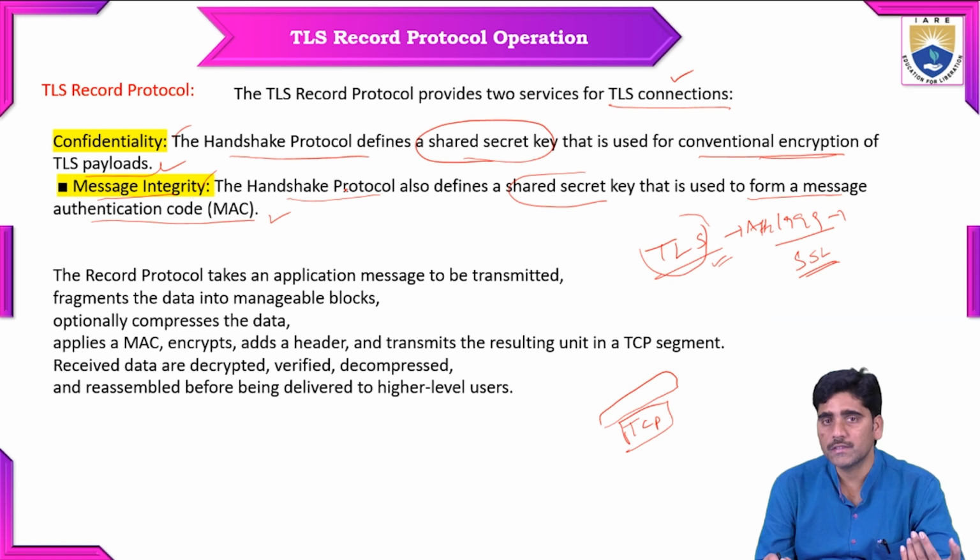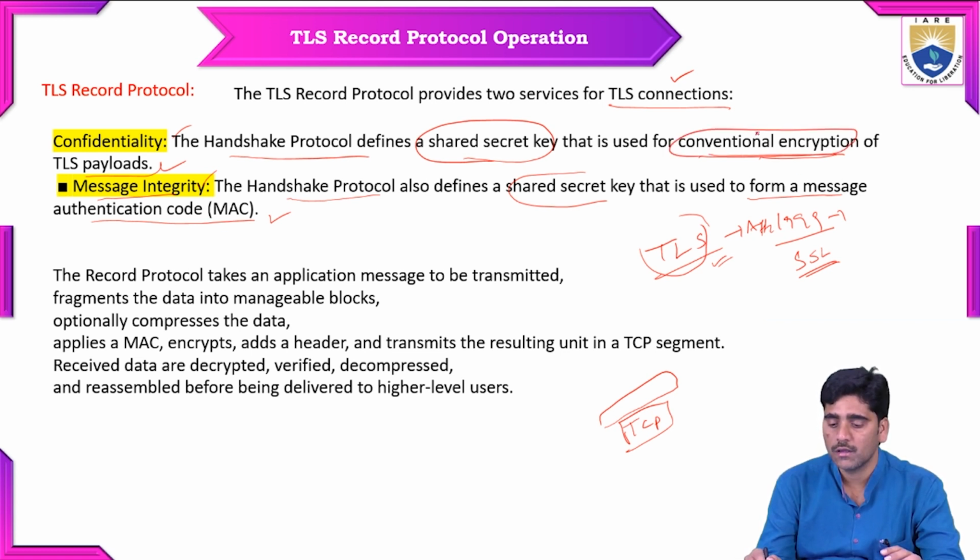By applying the message authentication code, the message cannot be altered, so message integrity is never lost. In the same way, by using conventional encryption, the message confidentiality is never lost.